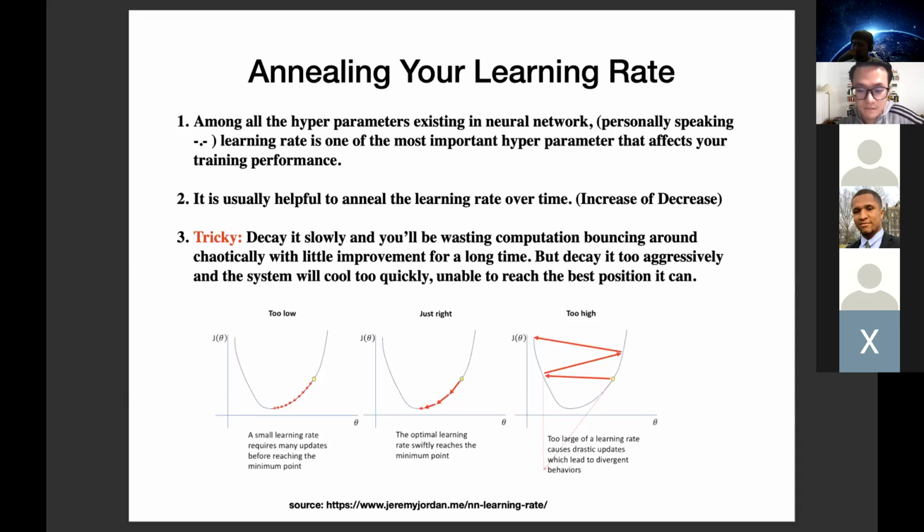But if you have too high a learning rate, you will get divergent behavior around the minimum point. So you need to choose the optimal learning rate such that you can reach the minimum point. The learning rate is very tricky and you need to be very careful to select it.